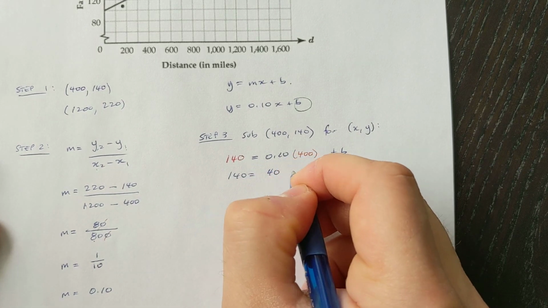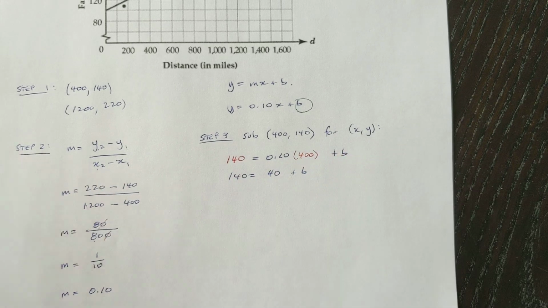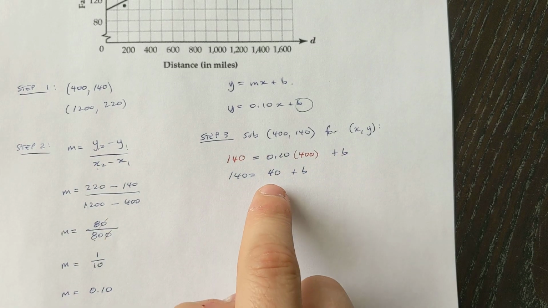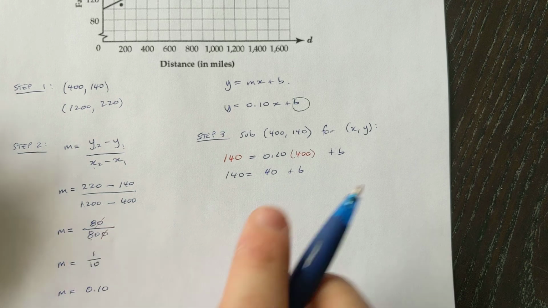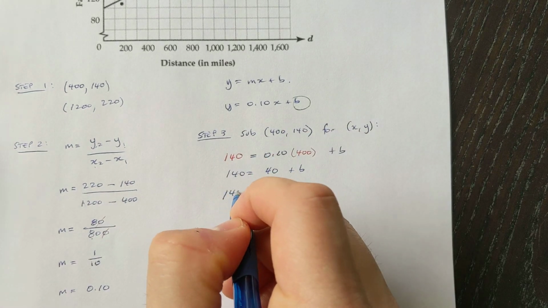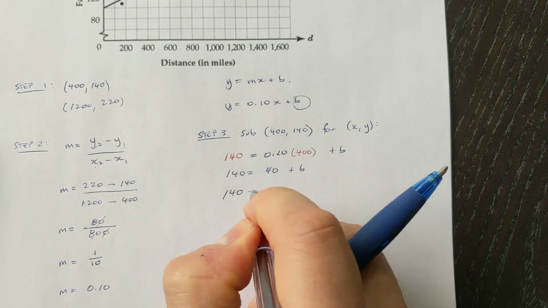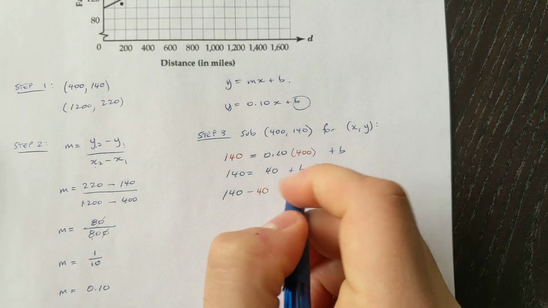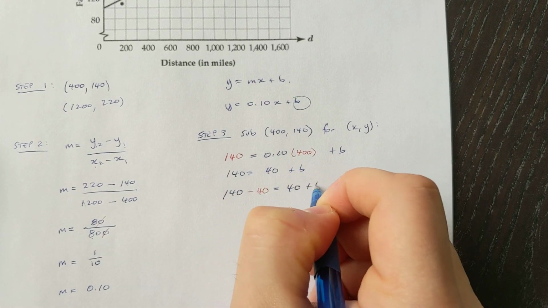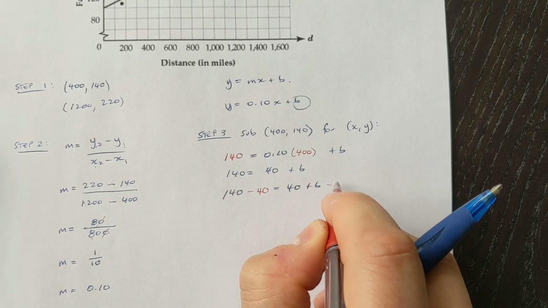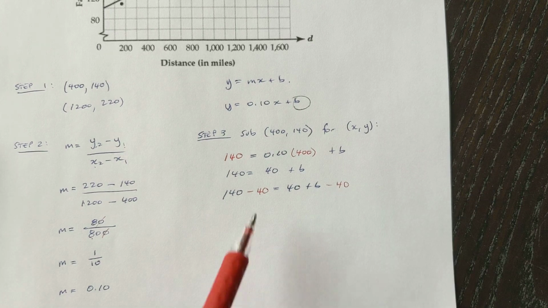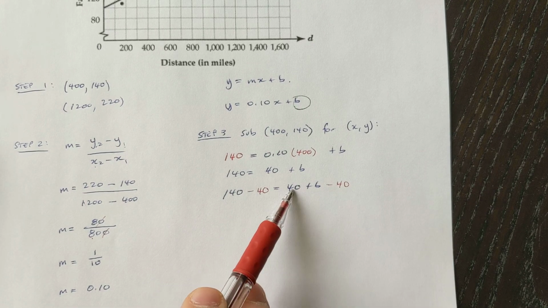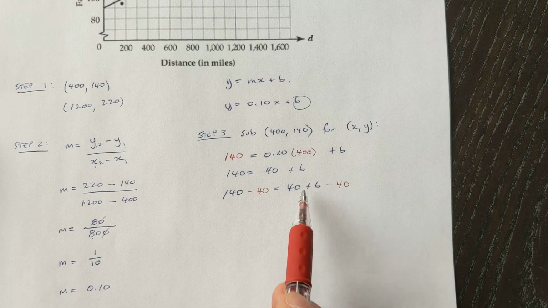Well, that's 40 plus b. I need to get b by itself, so I'm going to subtract 40 from both sides. Okay, and that gets rid of this 40 because 40 minus 40 is 0.